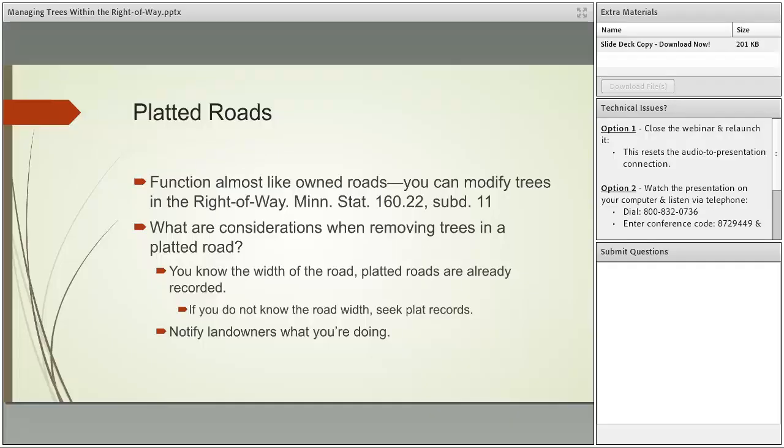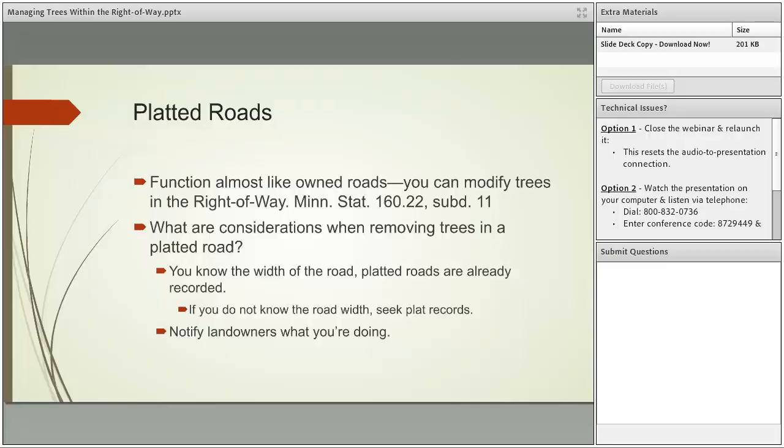You should still notify the landowner. Like I said, with fee title ownership, it is a great process to just send out a notice if you're going to remove a tree and let the landowner know of the board's intent.